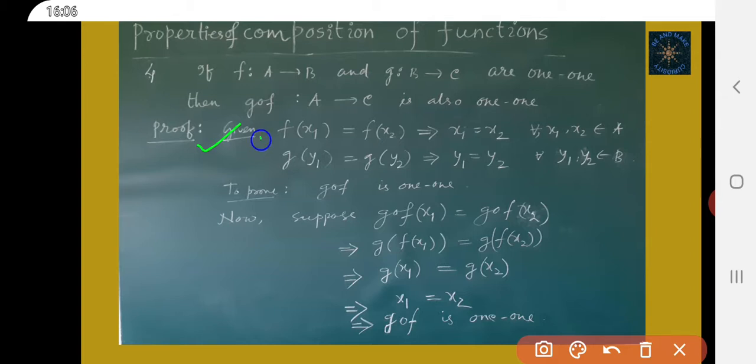That means f of x1 equal to f of x2 implies that x1 is equal to x2 for all values of x1 and x2 in set A. And g is also one-one, so you have g of y1 equal to g of y2 implies that y1 is equal to y2, where y1 and y2 belong to B set for all values of y1 and y2.